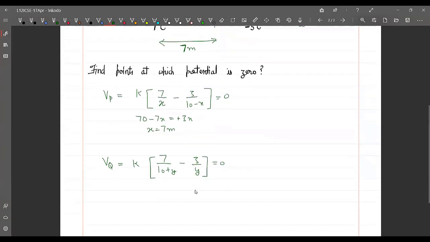This should be equal to 0. So I'm getting 4y equals 30. That will give me 30 by 4, 15 by 2. So 7.5.